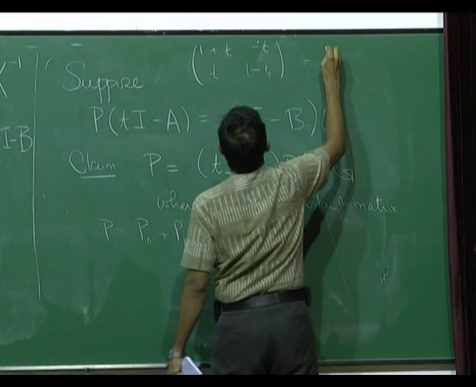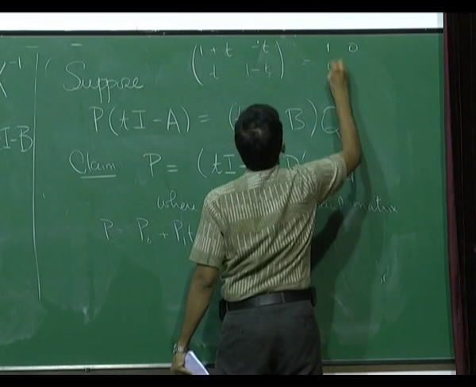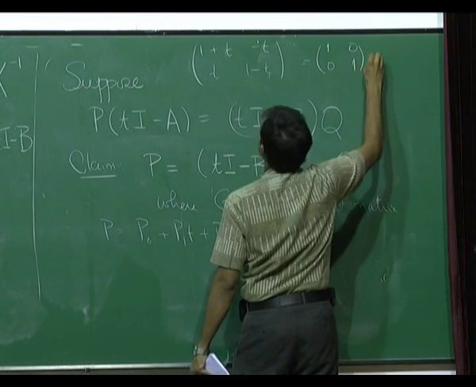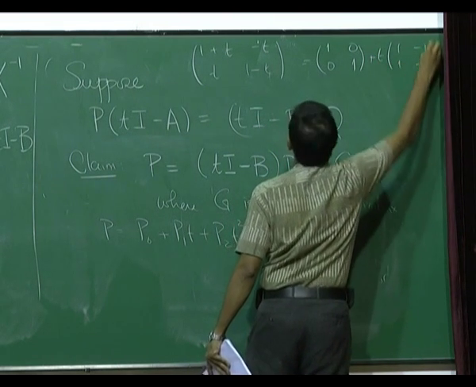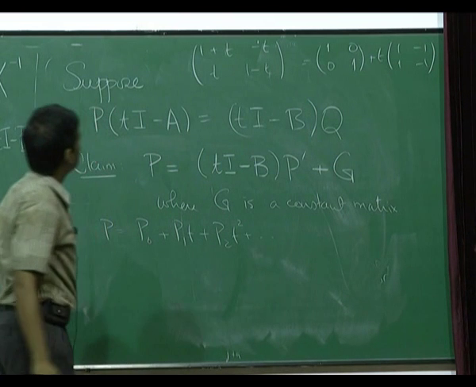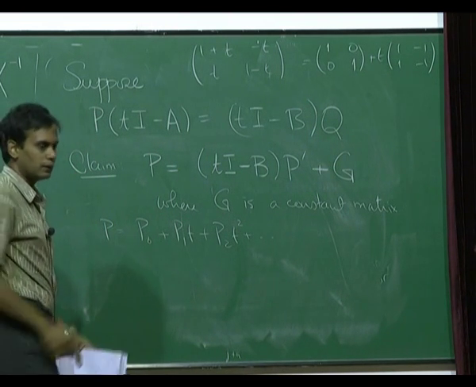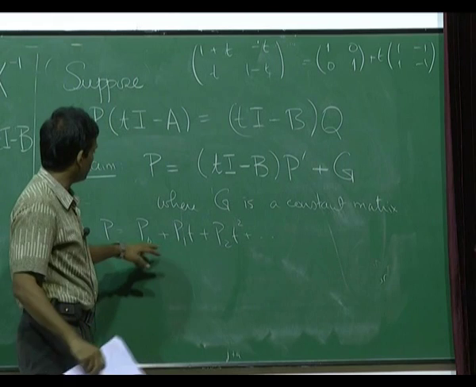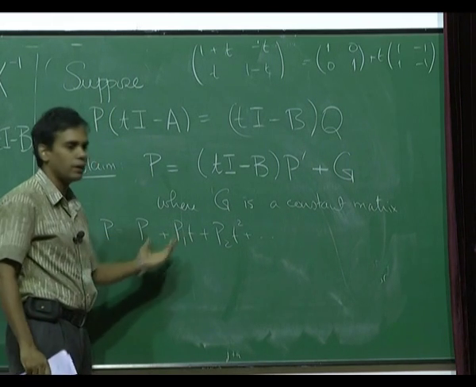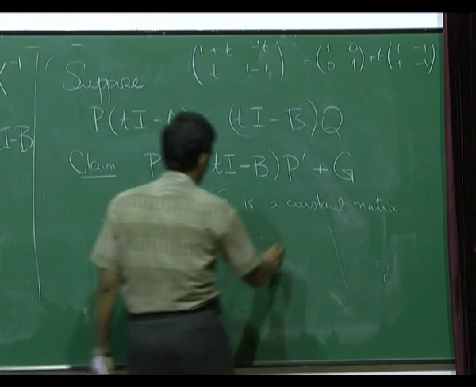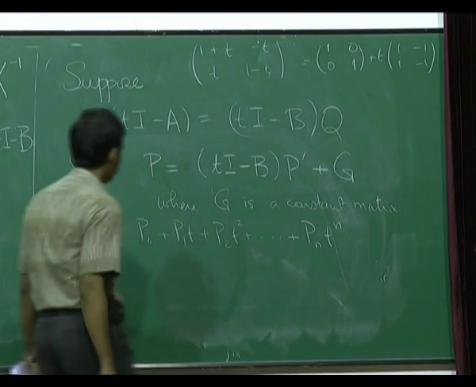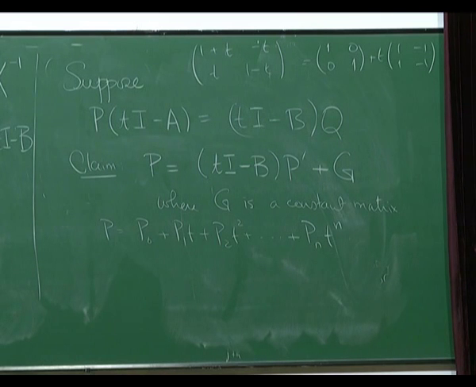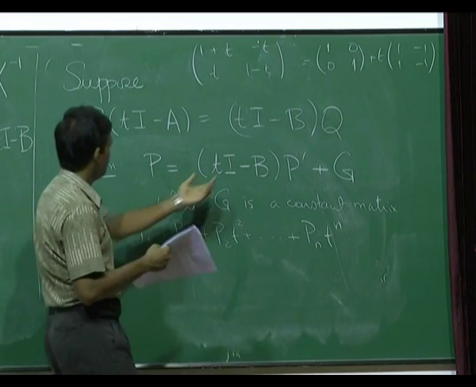This can be written as the matrix [1 0; 0 1] plus t times [1 minus 1; 1 minus 1]. So you can just write any polynomial matrix as a polynomial with matrix coefficients, going up to P_n t to the power n. And I want to somehow divide by this.